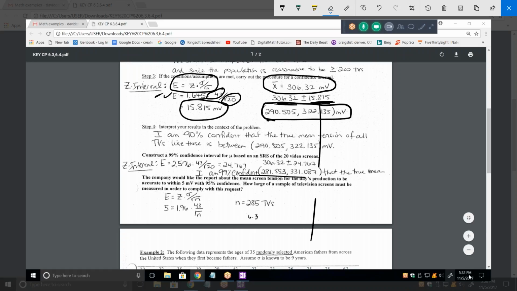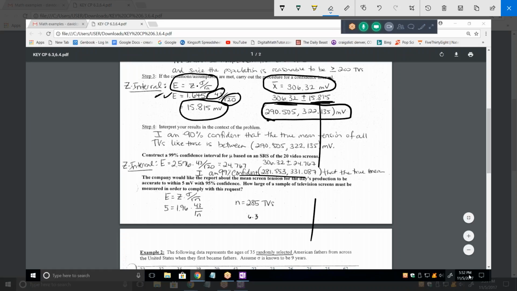What it does not say is what? I had this understood at one point. I'm not sure I do now. There's another interpretation one could make that isn't actually correct. I think that is that there's a 90% probability that the mean that I calculate, and I can't think of the one that isn't quite true.